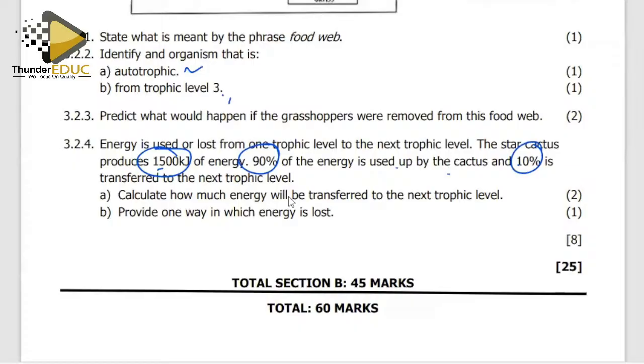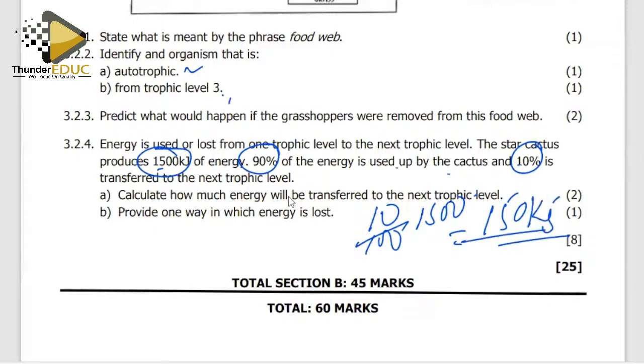Calculate how much energy is transferred to the next trophic level. 10% of 1,500. So the answer becomes 150 kilojoules. So that is it. Then you get your marks.